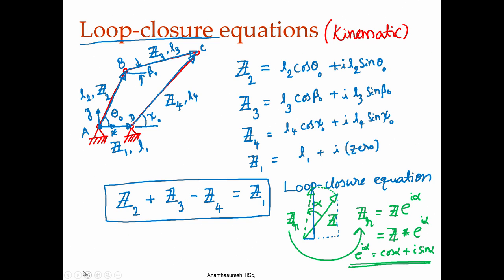Now, what is the advantage for us? If I consider a rotated configuration for this, let us say this thing has moved to another configuration, all I need to write is Z2 into e raised to I, whatever angle that is, which we had said rotation is, we had called it mu 1, okay, plus Z3 e raised to I, we had called it, I think the mu 1 mu 2 was rotations at this point.